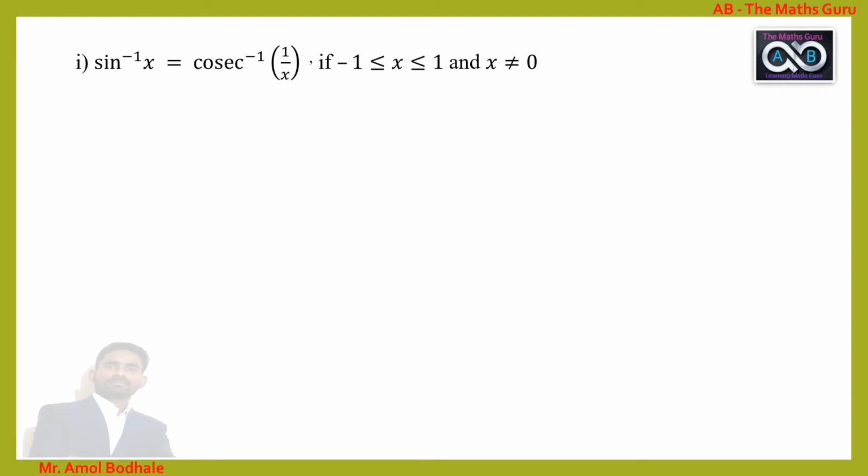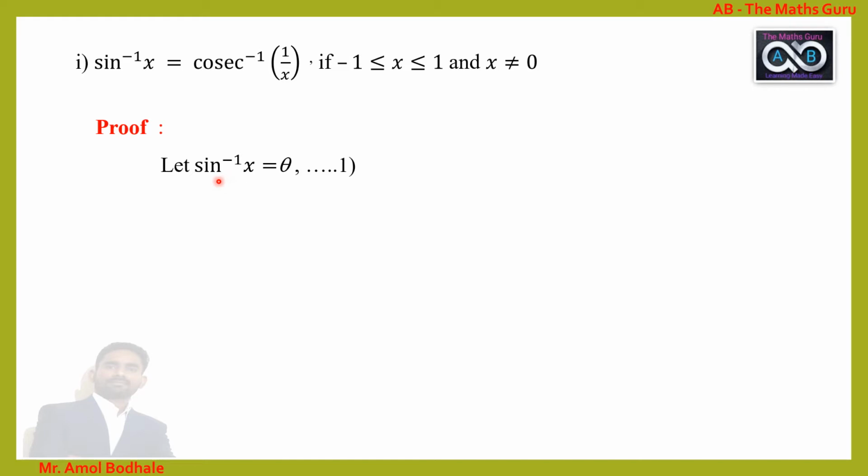Let's see the proof of the first property. Sine inverse of x is equal to cosec inverse of 1 by x if minus 1 is less than or equal to x, less than or equal to 1, and x is not equal to 0. So here we will suppose this sine inverse of x as some theta.